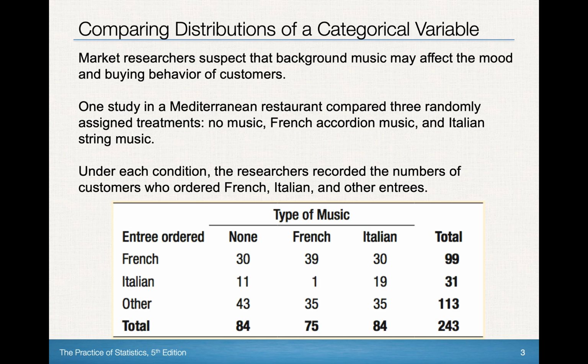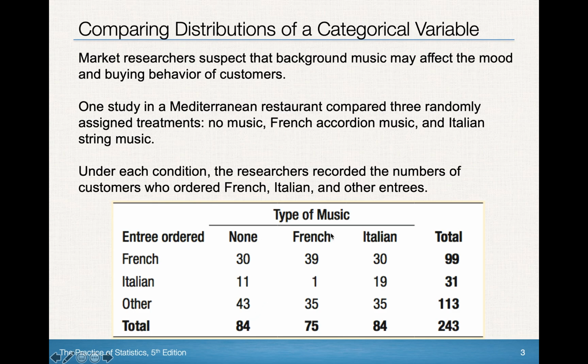This data is from a researcher who suspects that the background music may affect the buying behaviors of customers. They have three different treatments. The first treatment is that there is no music playing in the background, and they analyzed what the customer chose to order.